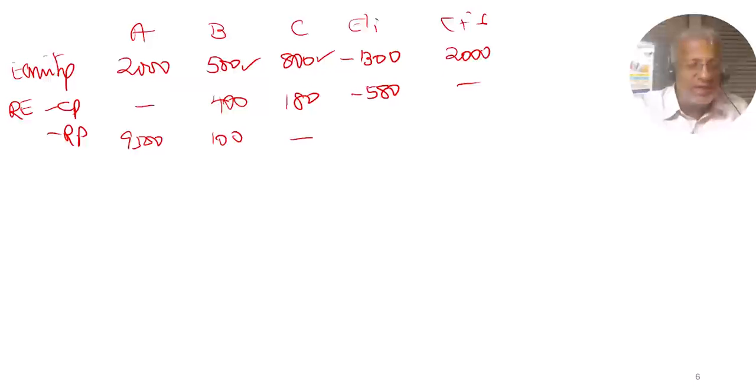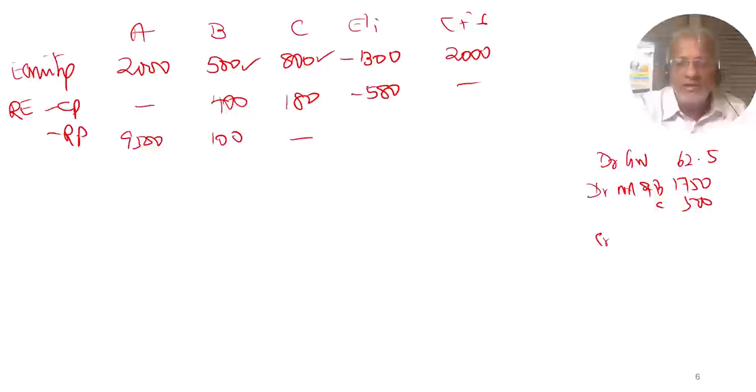So the journal entry that we have passed is debit goodwill. See here we have the space. Debit goodwill 62.5. Then debit net assets of B and C as 1750 and 500.